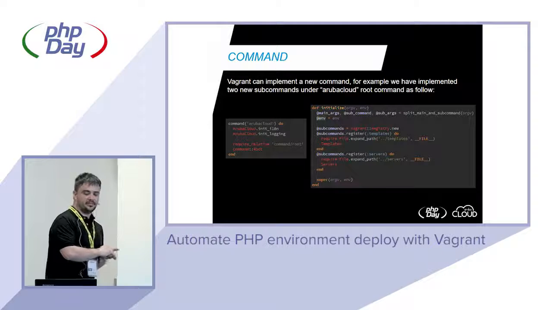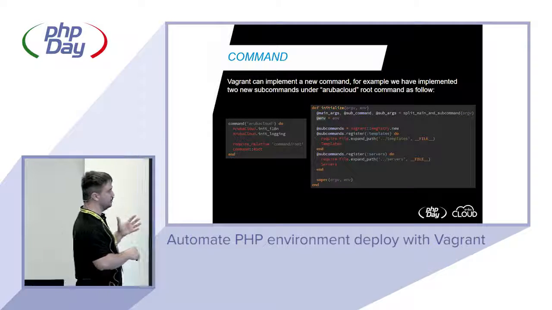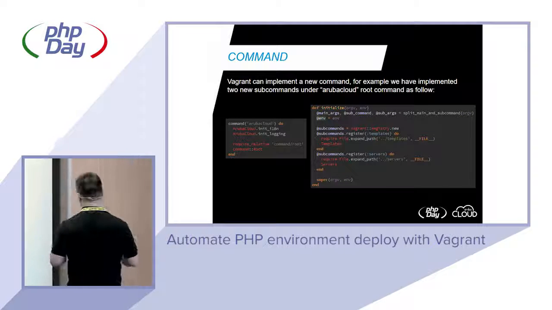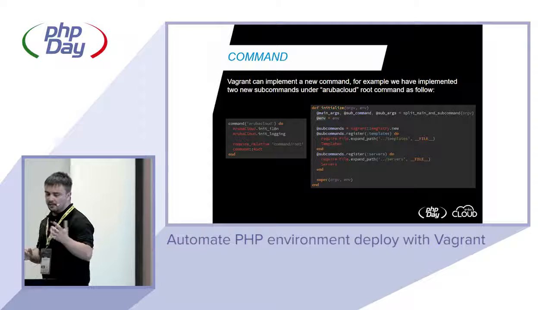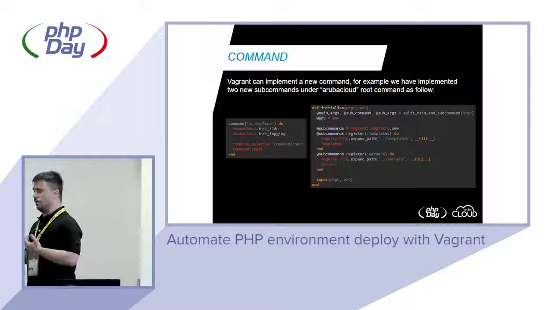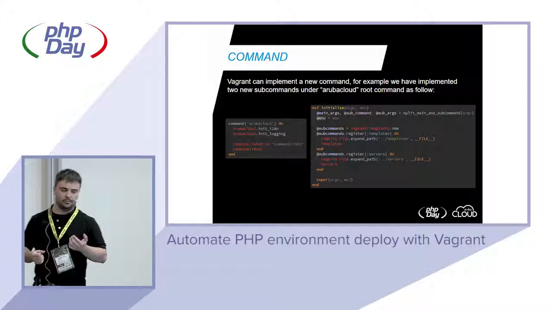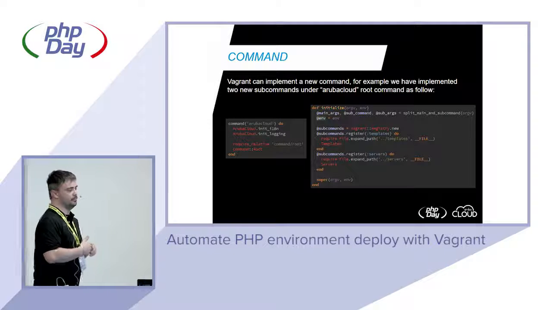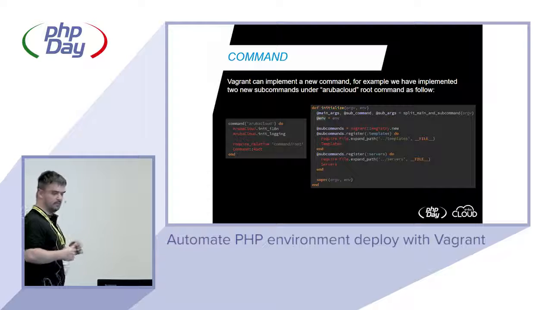And this is an example of how to implement a new command. I had to implement commands to support our cloud, so we have to show what templates we support and what servers you have inside your cloud.